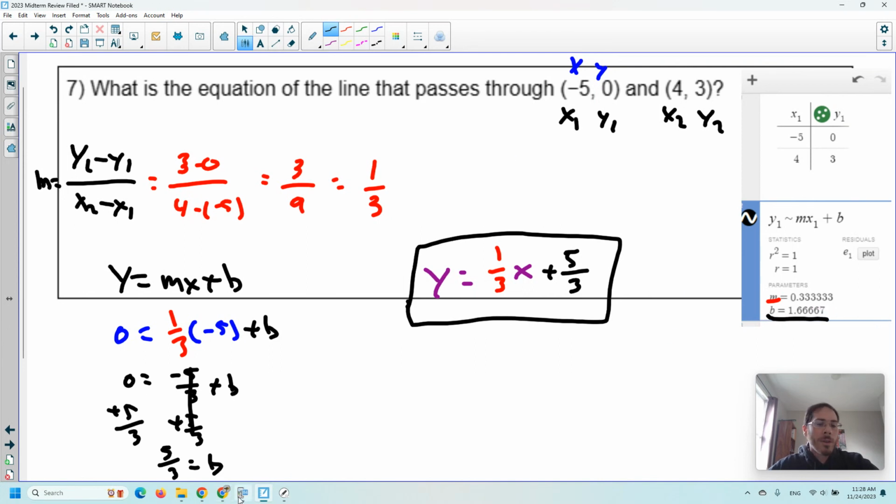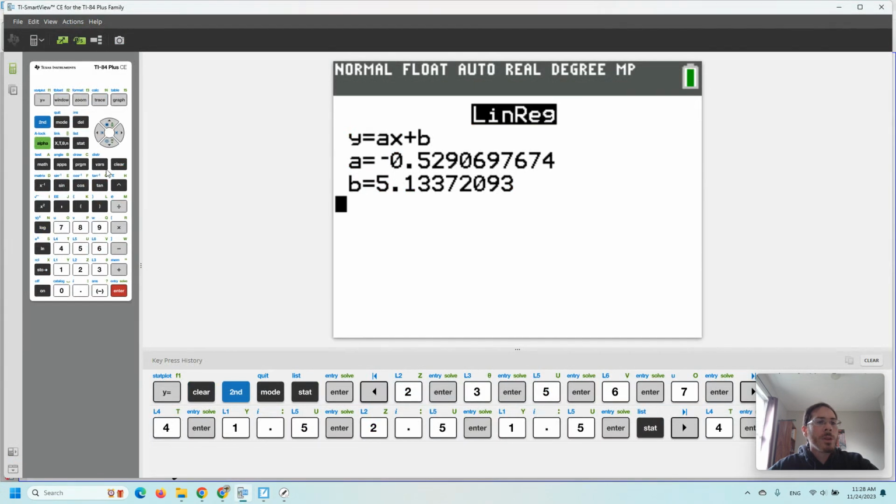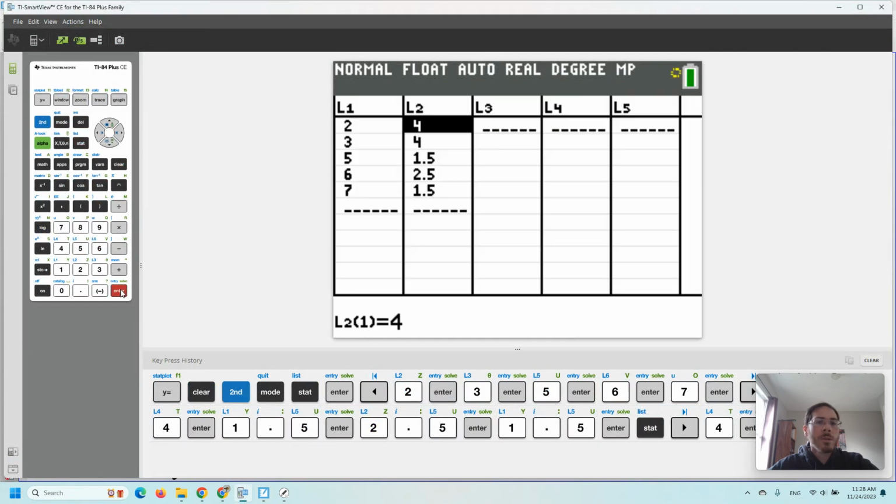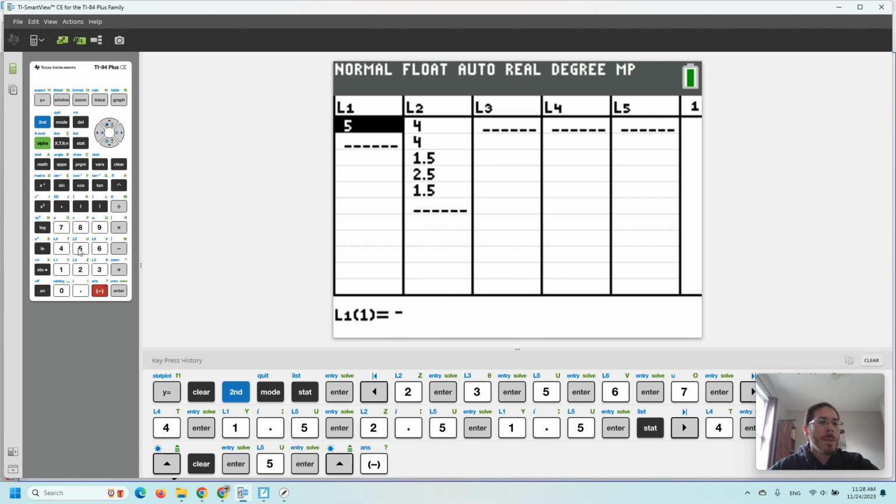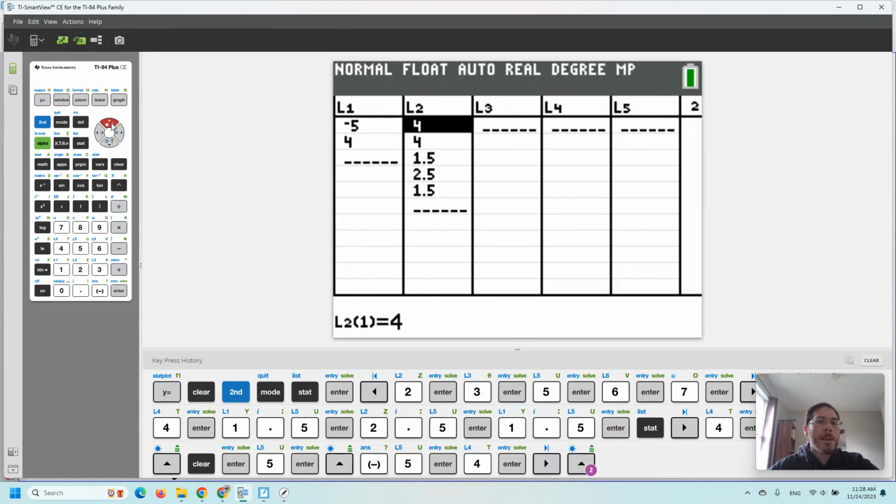If we wanted to use the fancy graphing calculator, again, we can do that as well. We're going to have to go into the stat menu, which I just used for something different. Clear, enter. So we're going to put in our 2 points. 5, that's not right, -5. I think 4. Clear, enter.